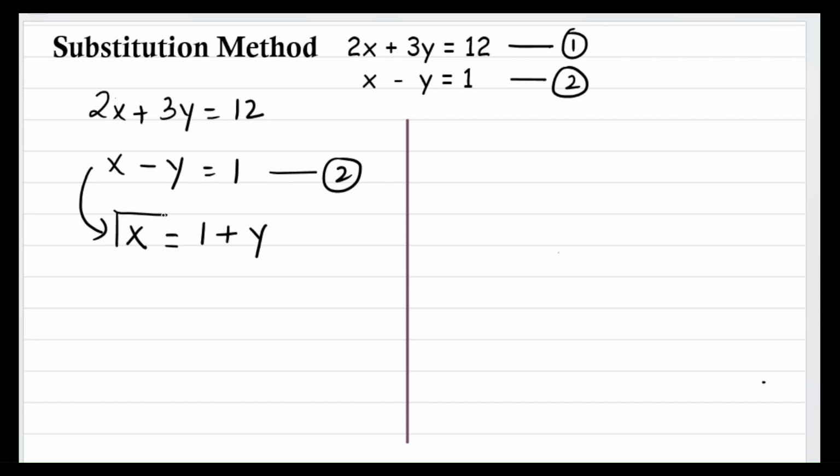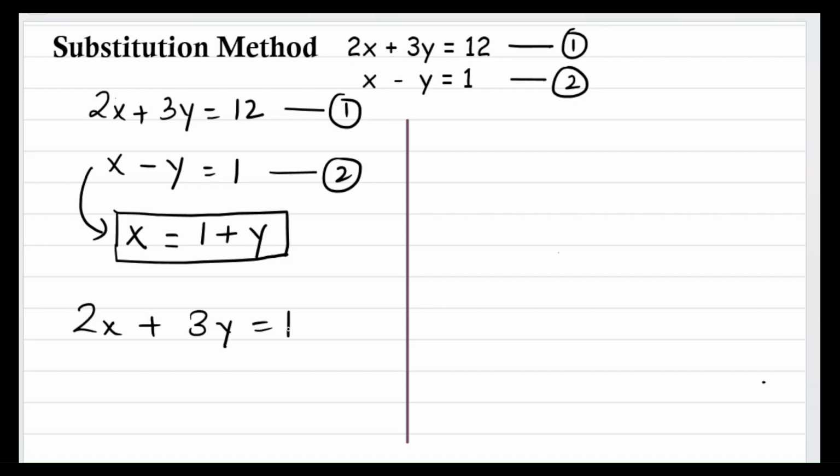So the expression for x comes out to be 1 plus y. Put this value of x in the first equation. So 2x plus 3y equals 12. In place of x, I will be putting 1 plus y from here, plus 3y equals 12.